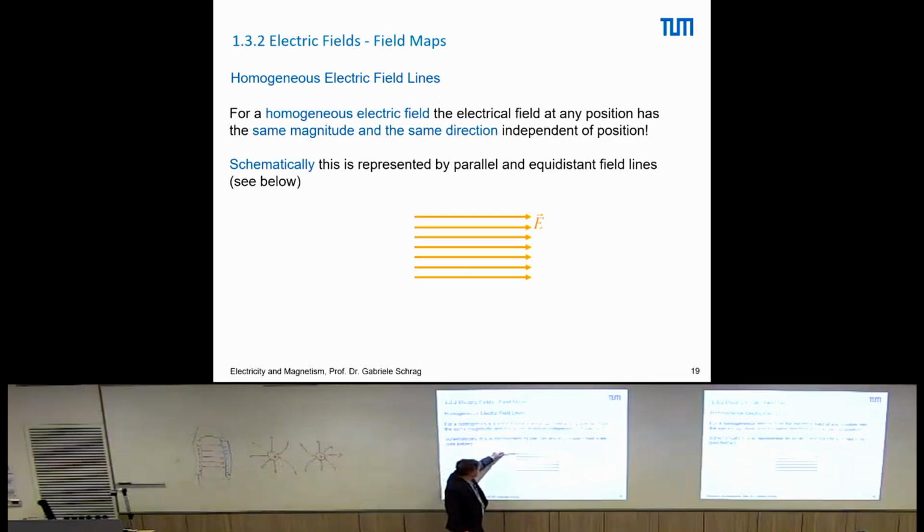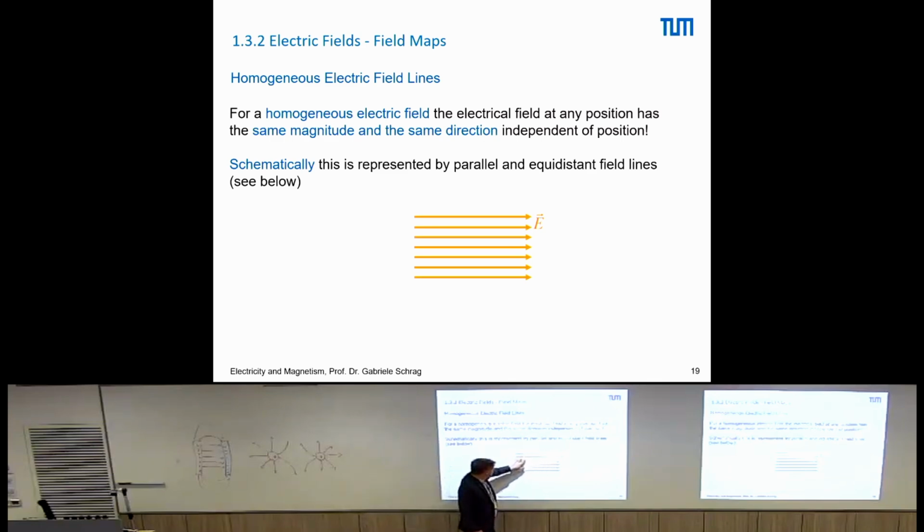So homogeneous electric field lines, what is the hallmark of those? The hallmark is that they all have the same magnitude and the same direction, independent of the position. In any visualization of the plot, if you have it with vectors, that means they have the same length and the same direction.